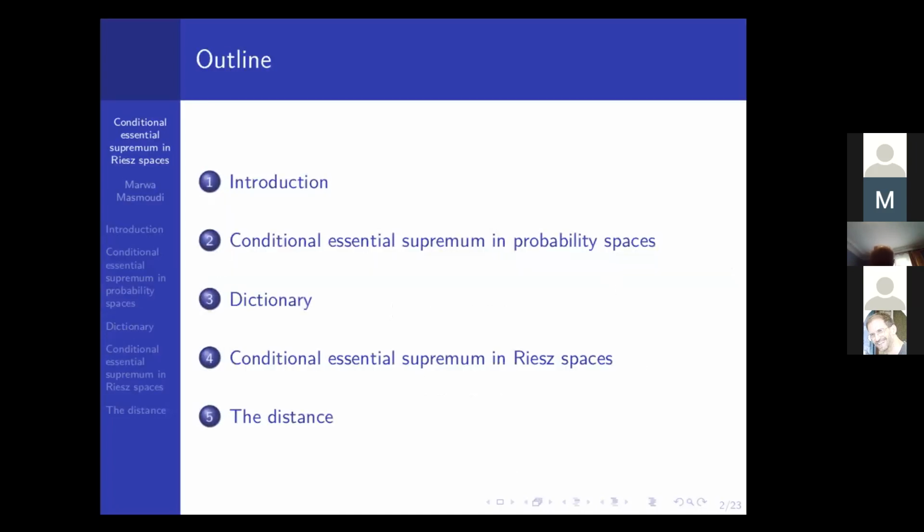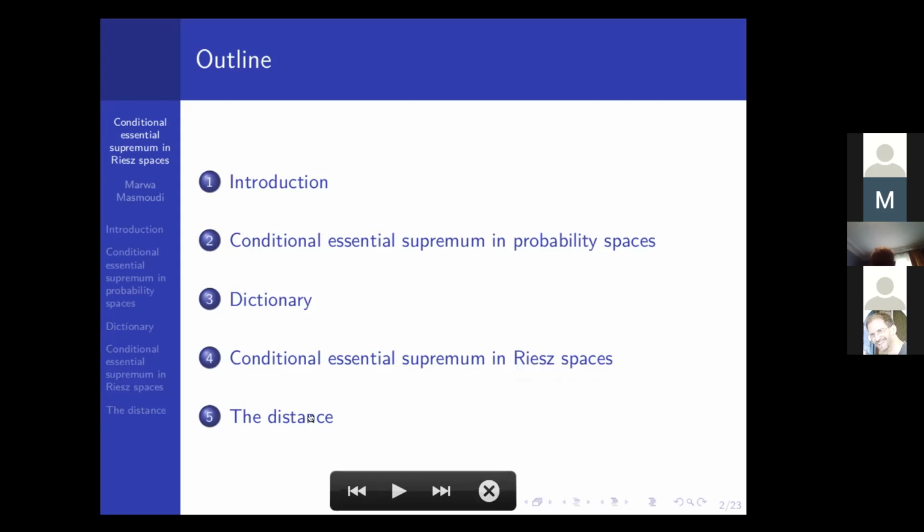First of all, I will recall the definition of conditional essential supremum in probability spaces. I will continue by explaining the translation from the setting of probability spaces to the setting of Riesz spaces. Then I will introduce the notion of conditional essential supremum in Riesz spaces and illustrate some properties.